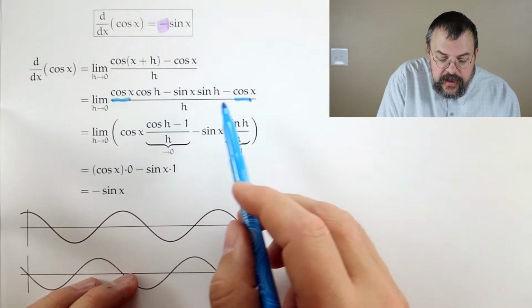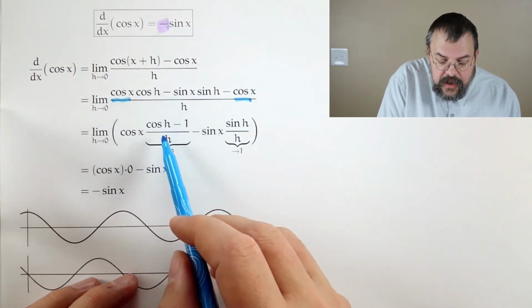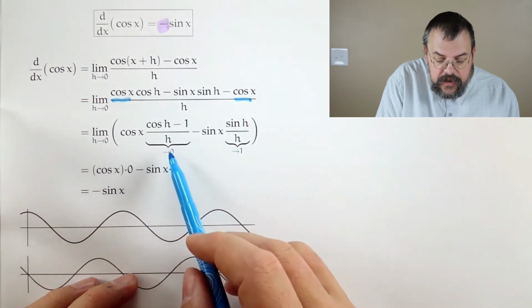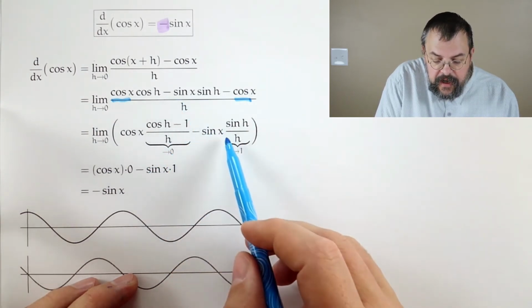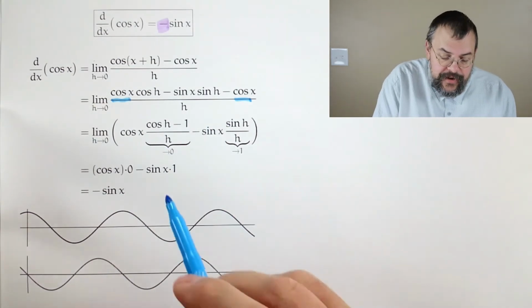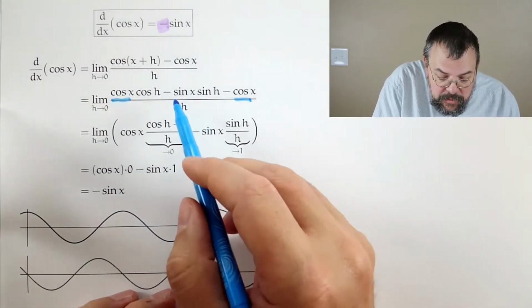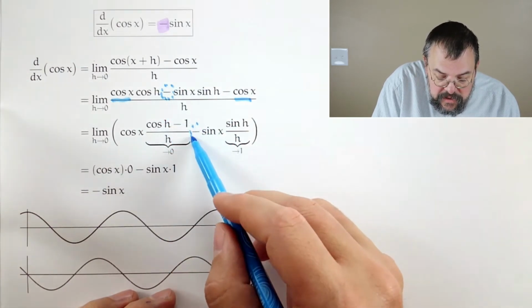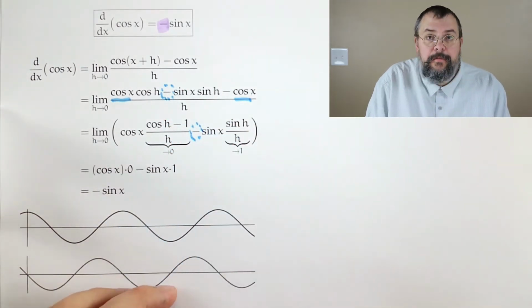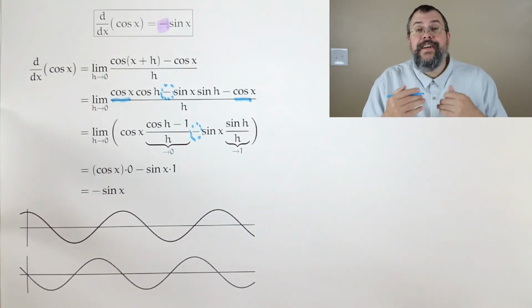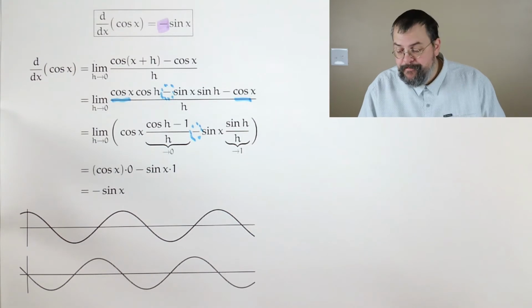So there's cosine x, then there's cosine of h minus 1, because we grabbed everything except the minus sign, all over h. Then here you have sine of x and sine h over h. Again, things go to 0 and to 1, and the minus is coming from this part right there. See, there's the minus, and so we end up with minus sine of x. So the derivative of cosine is negative sine.